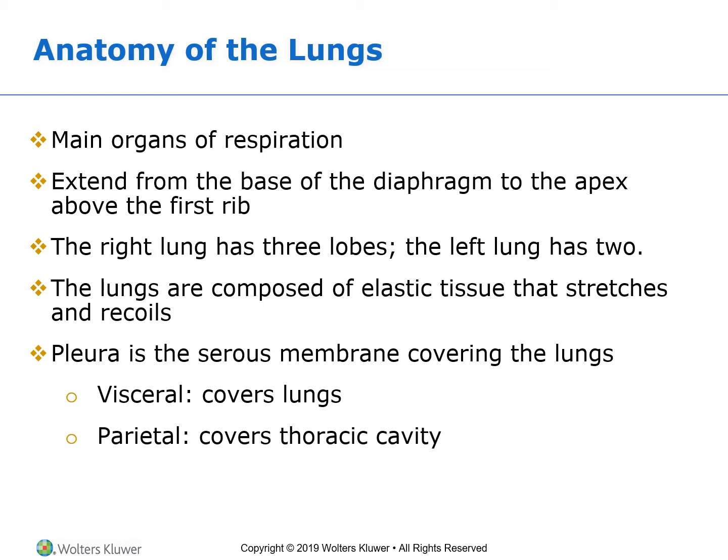How well do the lungs stretch and recoil? People with COPD, emphysema, they've lost some of that compliance, so their lungs don't expand and contract the way that they should. And then we have the pleura. That is the membrane that covers the outside of the lungs. The visceral pleura covers the lungs themselves, and the parietal pleura covers the thoracic cavity.